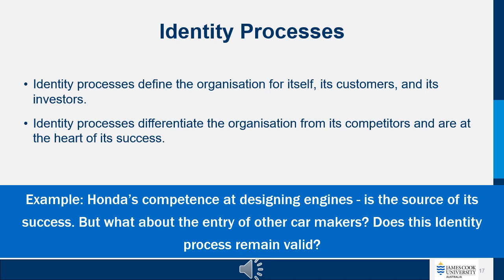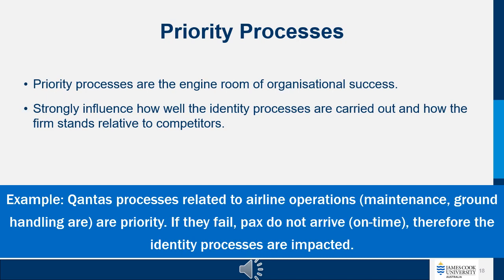Identity processes differentiate the organization from the competitors and are also at the heart of its success. Another important process is the priority processes, which technically are the engine room of organizational success. They strongly influence how well the identity processes are carried out and how the firm stands relative to competitors.